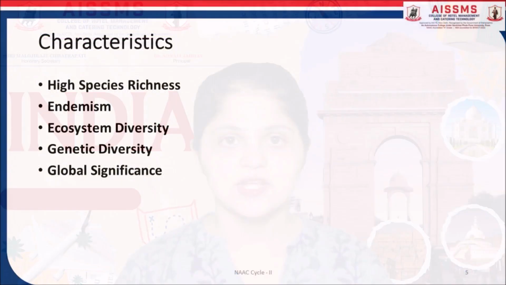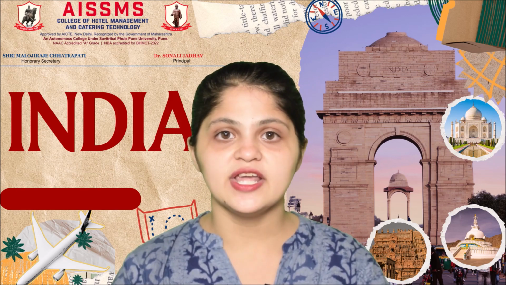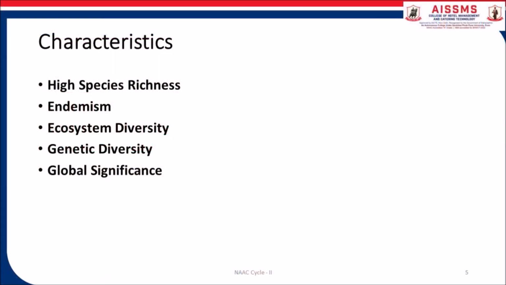Ecosystem diversity. Mega-biodiverse regions encompass a wide range of ecosystems from forests and grasslands to wetlands, deserts, and coastal areas. These ecosystems support a diverse array of species adapted to particular environmental conditions. Genetic diversity.